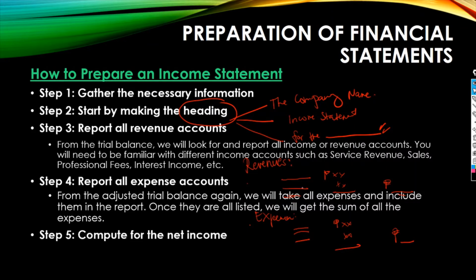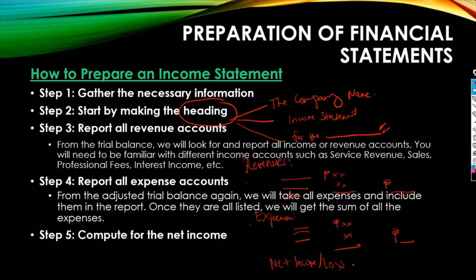And lastly, you compute the net income. The last part is net income or loss, because the company may gain or earn income or may incur a loss. If the revenue is greater than the expenses, then that is income. However, if the company's expenses are a lot greater than, or exceed, the revenue, then it is a loss.